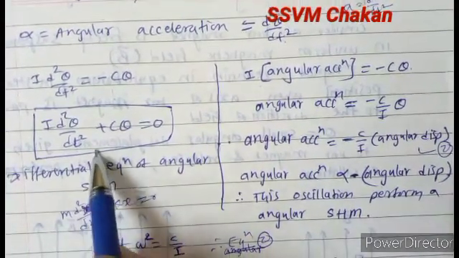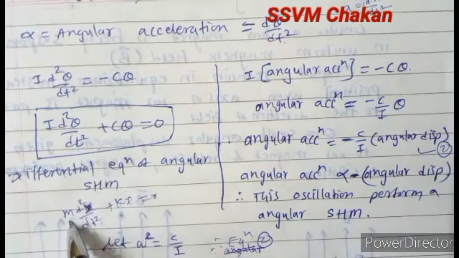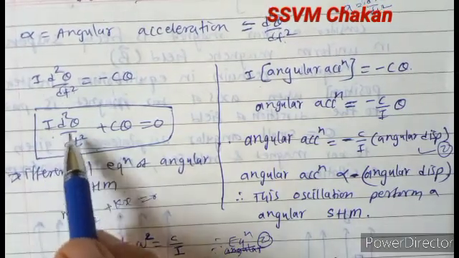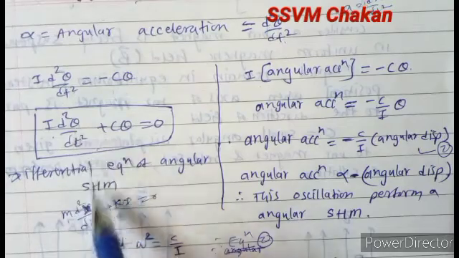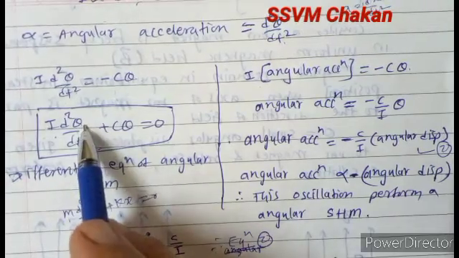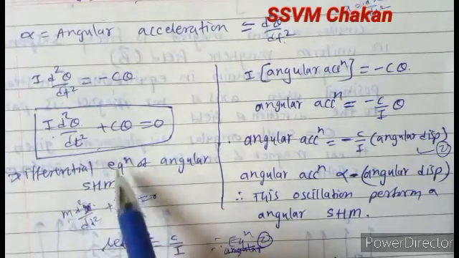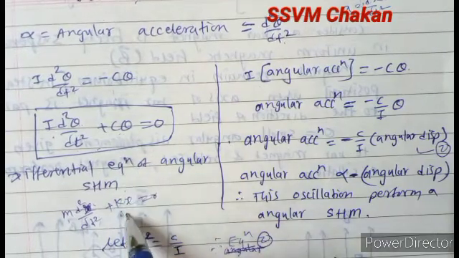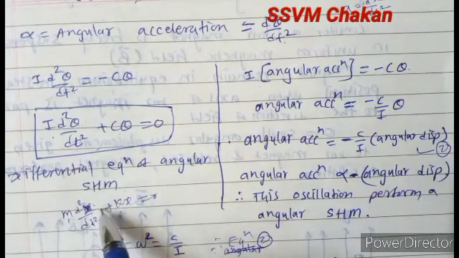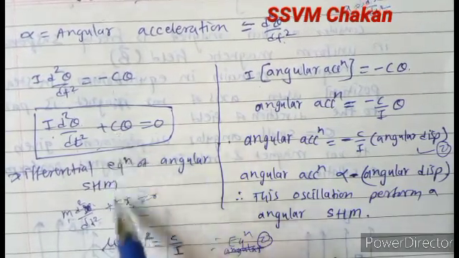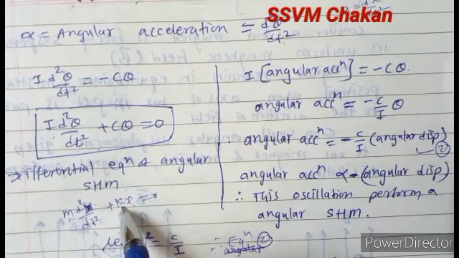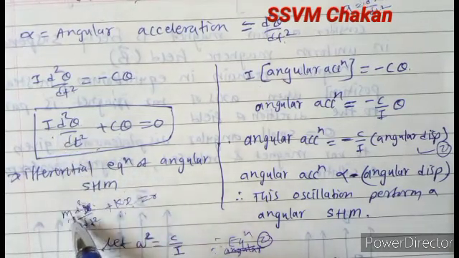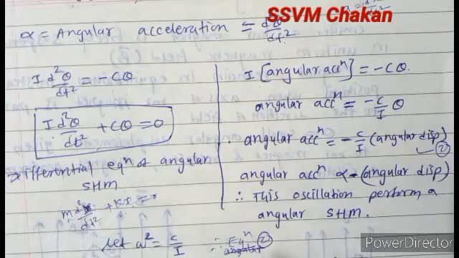A similar equation you get in angular motion. In place of m there is I, in place of x there is theta in angular motion, and in place of k there is c. Only these three factors get changed. Theta replaced by x, c replaced by k, and I replaced by m in linear motion.